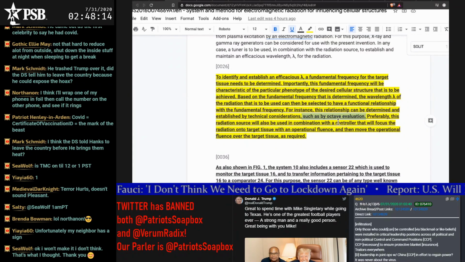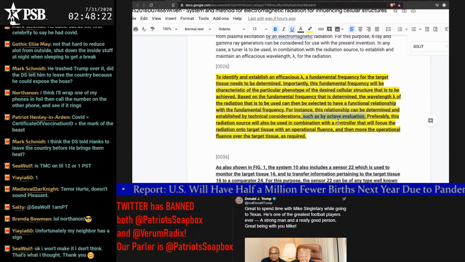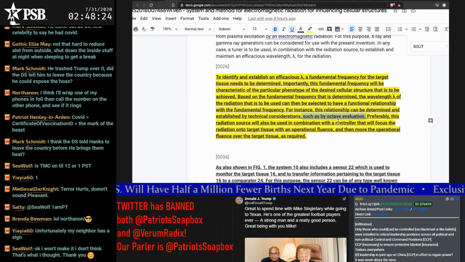So for Wi-Fi, it'd be 2.4, 5 gigahertz, 60 gigahertz. For cell phone, it could be 900 megahertz all the way up to 6 gigahertz. And for modern Wi-Fi, now we're dealing with 60 gigahertz.